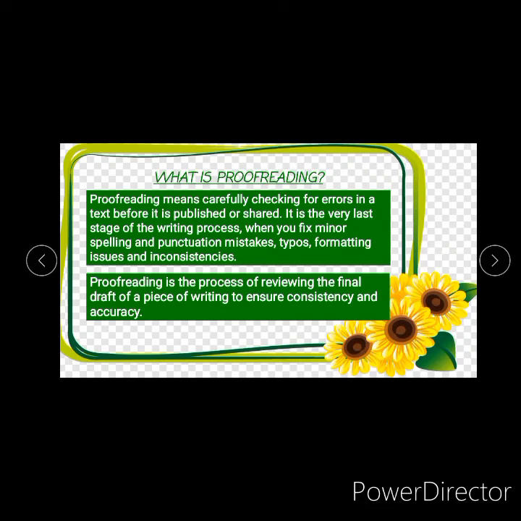Another one is that proofreading is the process of reviewing the final draft of a piece of writing to ensure consistency and accuracy. So, if copy editing is the revision of the text, on the other hand, proofreading is reviewing the final draft of the text.